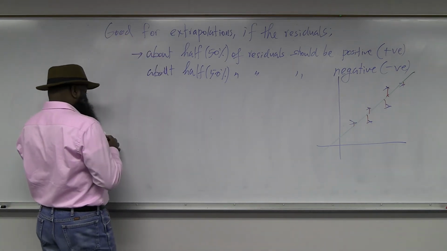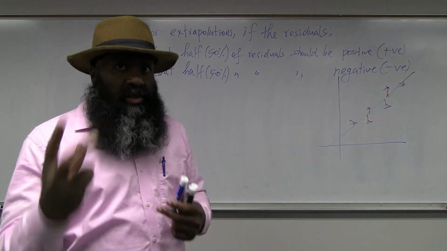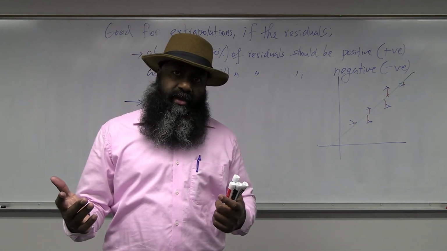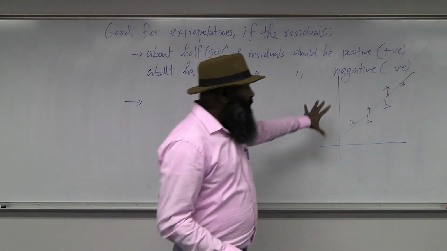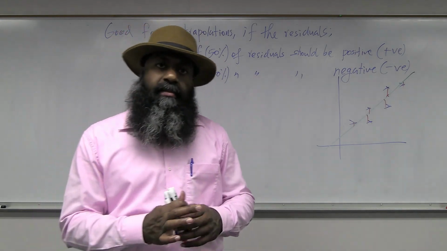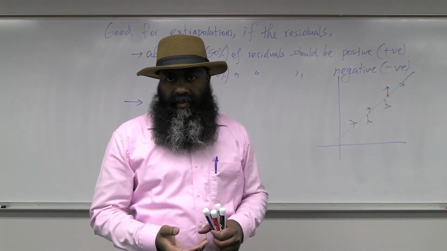The second condition required is that the residuals should be normally distributed around 0. That means for all those calculated residuals, if you draw a histogram, that histogram should have a normal distribution around 0.